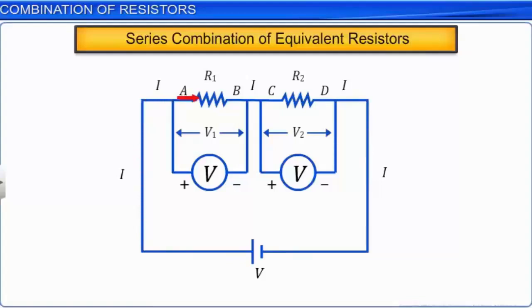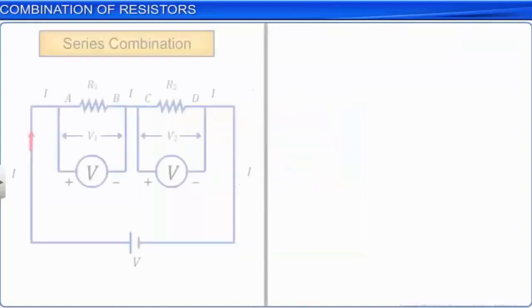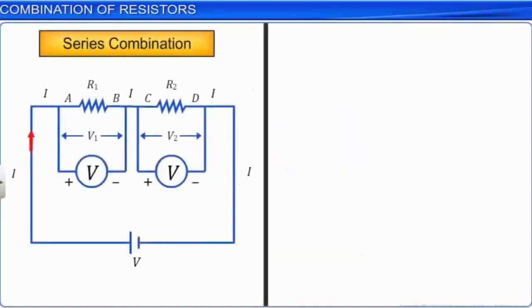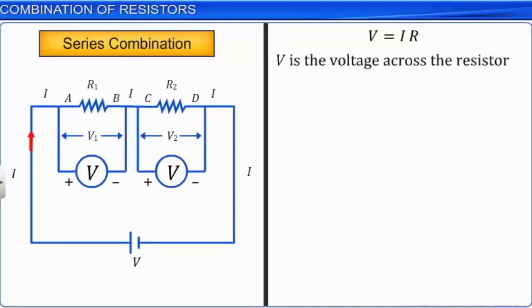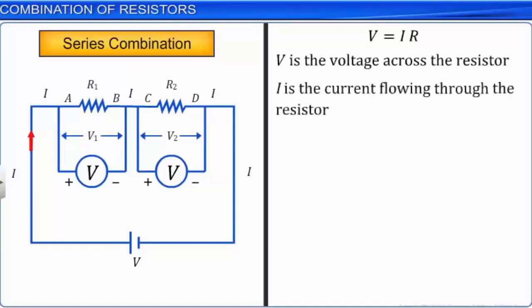According to Ohm's law, V is equal to I into R, where V is the voltage across the resistor, I is the current flowing through the resistor, and R is the resistance of the resistor. Applying Ohm's law to resistor 1, the potential difference across R1 is denoted by the equation V1 is equal to I into R1. Let this be equation 1.